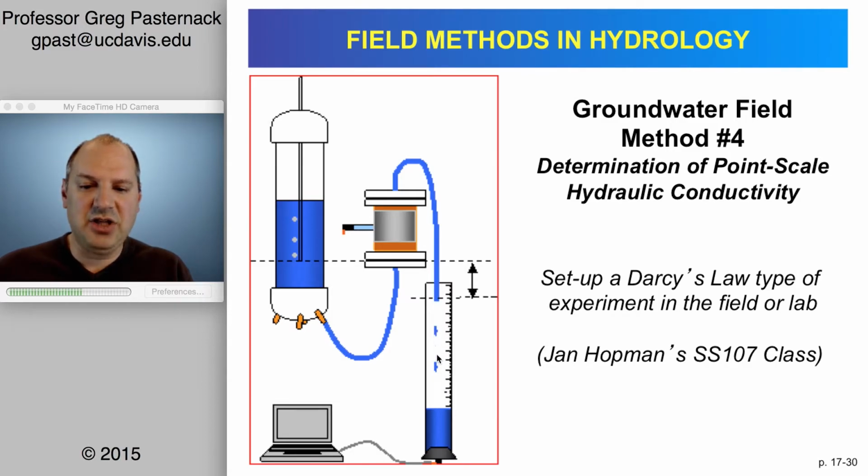And so you can actually calculate or observe the rate at which water is leaving the system based on how fast it's accumulating here in the cylinder, and that also could be logged with a computer. So this is just an example. This can be done for both saturated as well as unsaturated conditions, and this is done as part of Jan Hopmans' Soil Science 107 class.